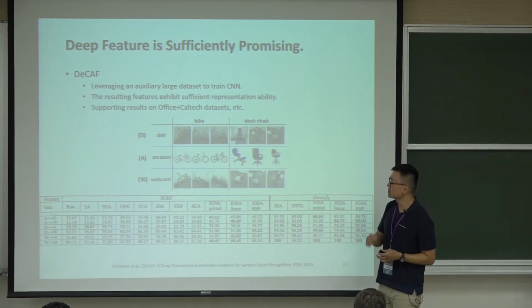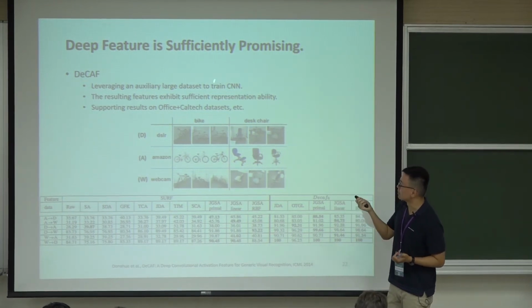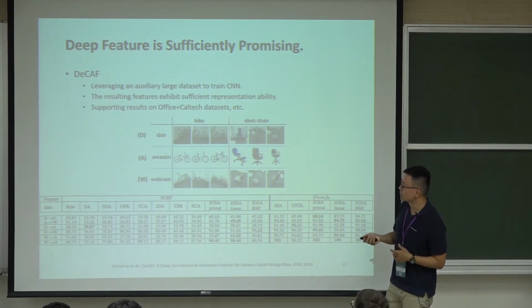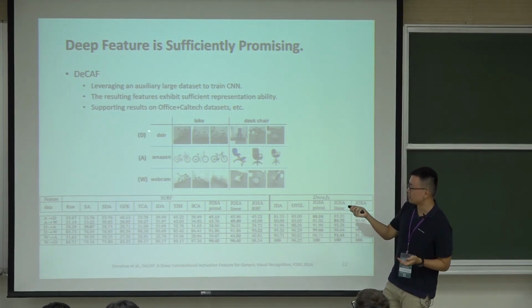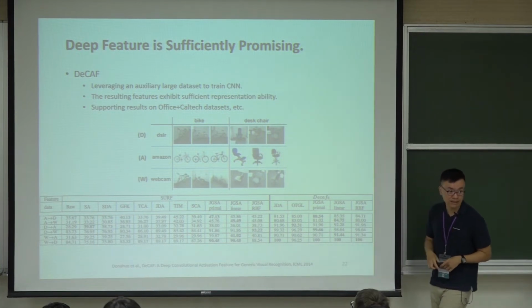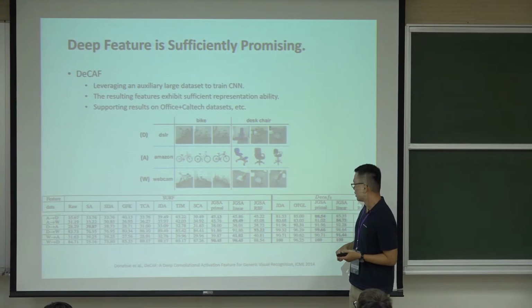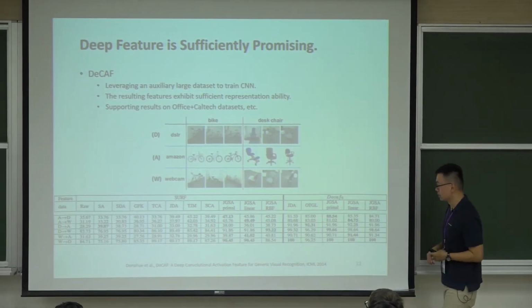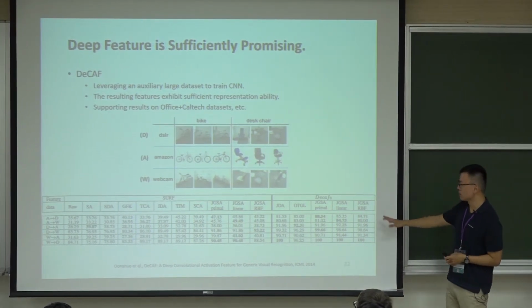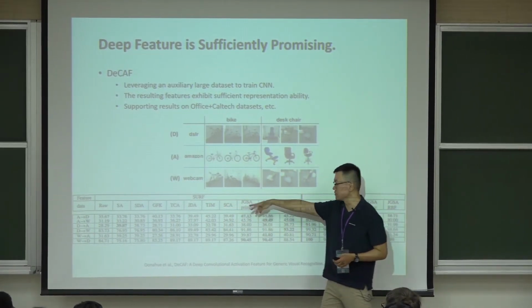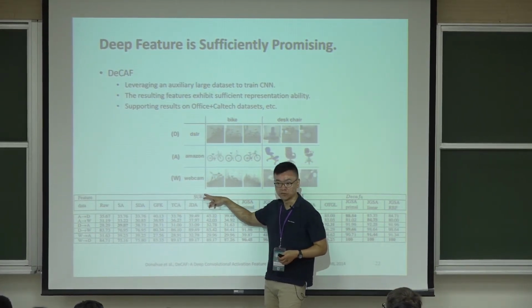So from this task, again, we are using DeCAF as the features to describe the images. And we have the images from DSLR, Amazon, and webcams from these data sets. So how should we read this table? Well, for the left-hand side of this table, we simply use the standard SURF features.